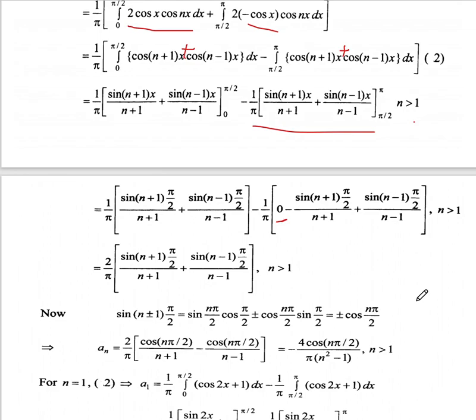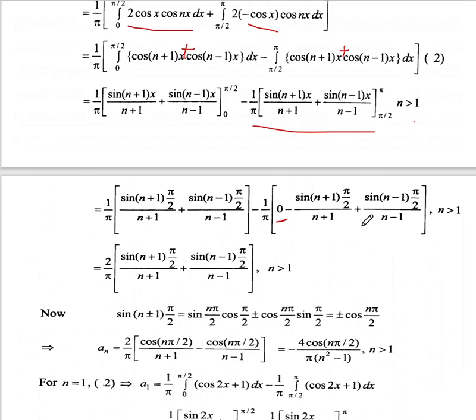Now we will add some terms or cancel some terms. If you observe, this minus and this minus will become plus, and this minus and this plus sign will become minus.